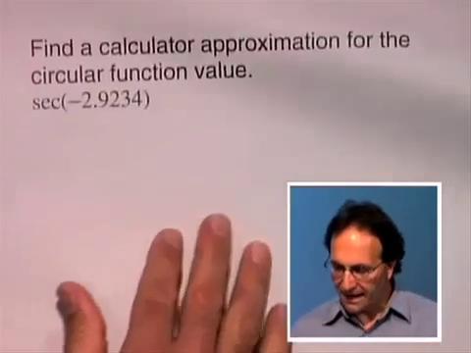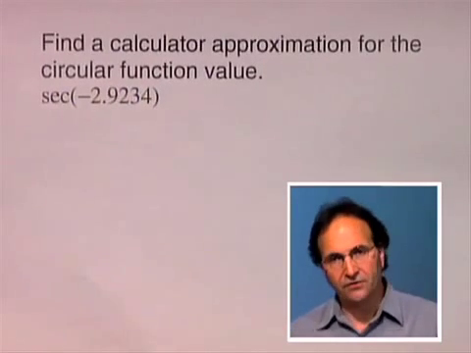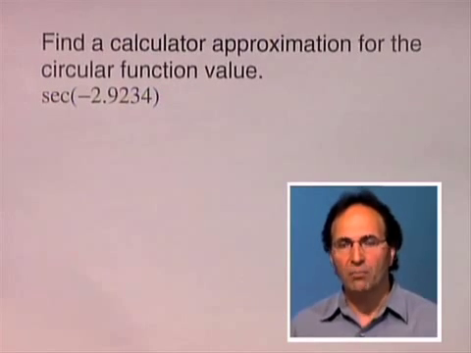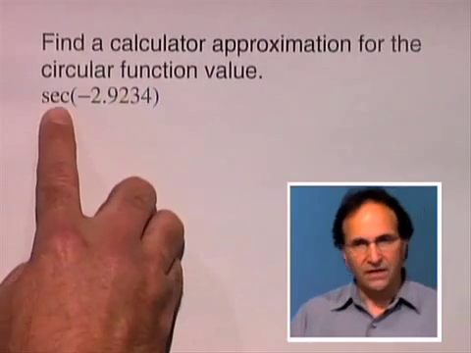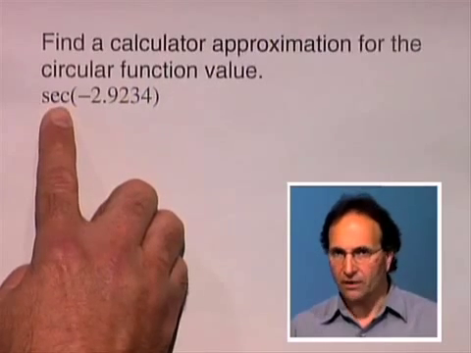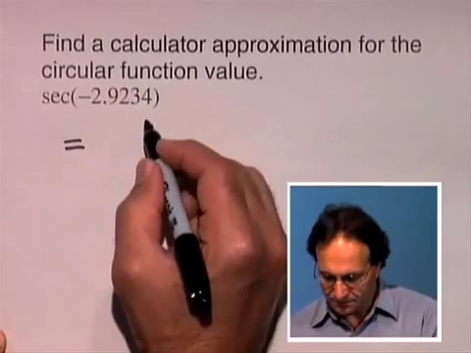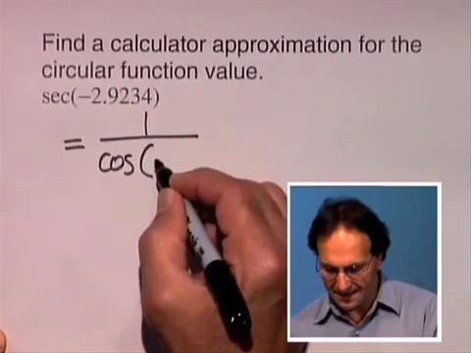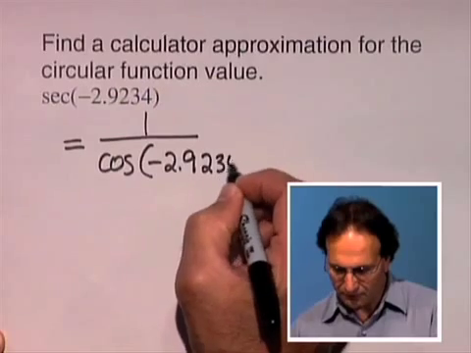We're going to, again, find a calculator approximation for the circular function value secant of negative 2.9234. Secant key is not on the calculator, so we'll use the reciprocal function 1 over cosine. And so this would be equal to 1 over the cosine of negative 2.9234.